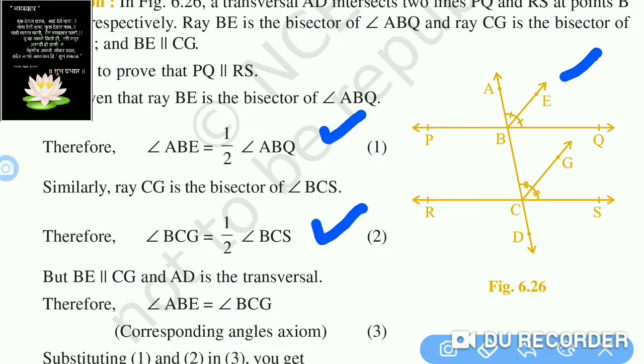Now they have given BE is parallel to CG. If these two lines are parallel, then their corresponding angles or alternate angles will be congruent. So here we can write ABE is equal to BCG, corresponding angles.